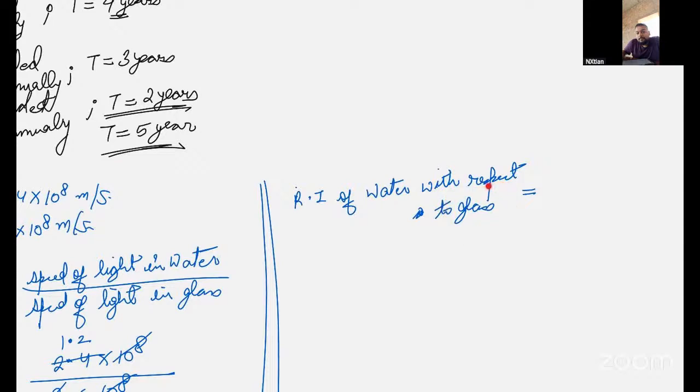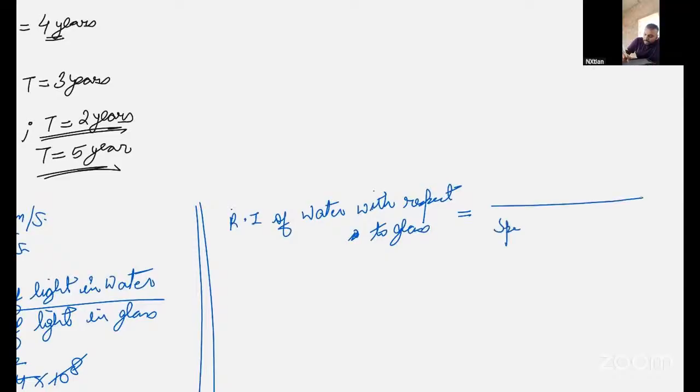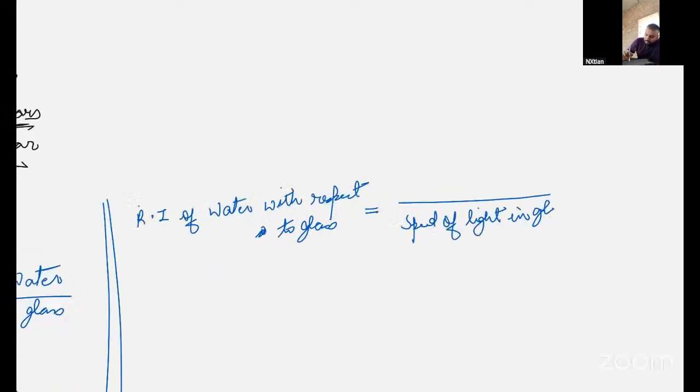If speed of light in water will come in the denominator, which speed is left?